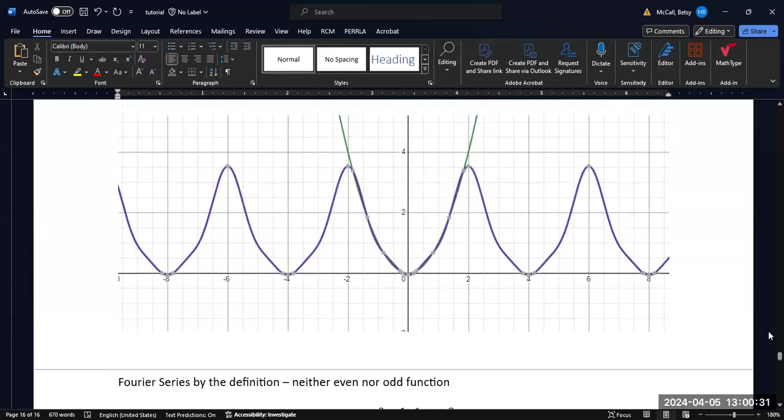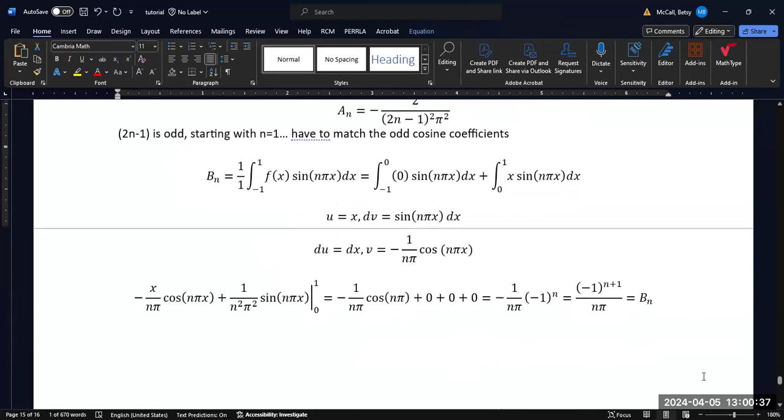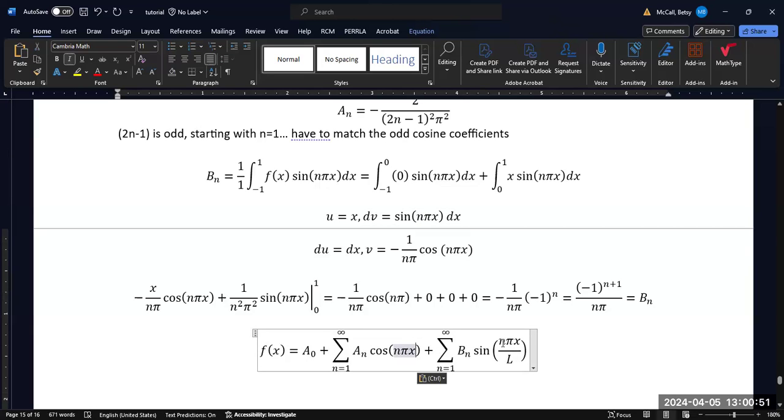So let's go back and grab our Fourier series. And we're going to use L equals 1. So when L is 1, these become these.